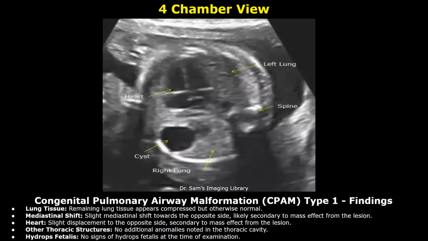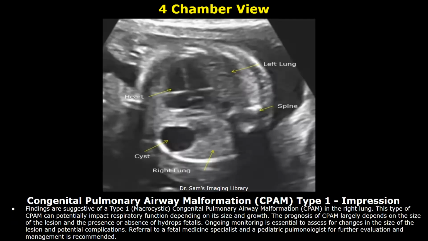This is the impression. Findings are suggestive of type 1 CPAM in the right lung. This type of CPAM can potentially impact respiratory function depending on its size and growth. The prognosis of CPAM largely depends on the size of the lesion and the presence or absence of hydrops fetalis.